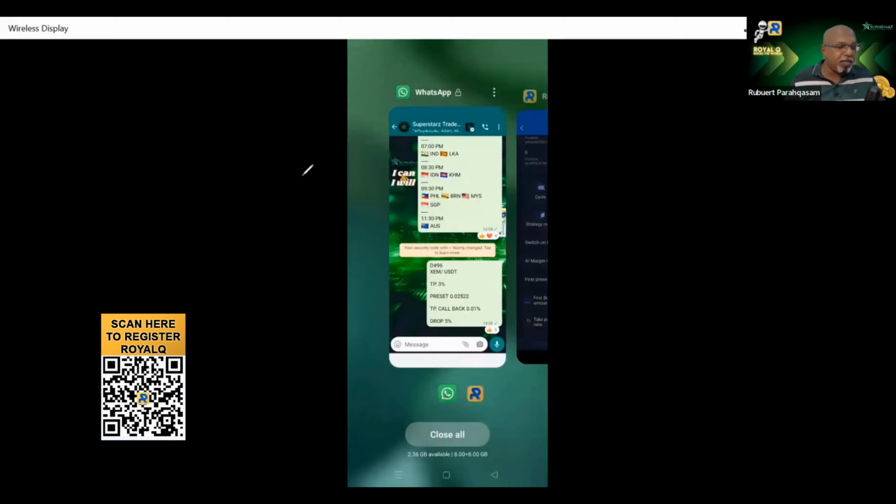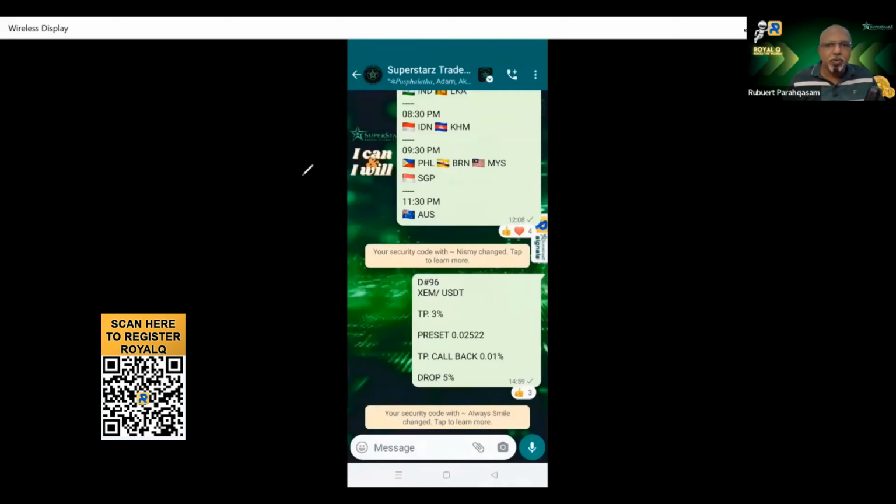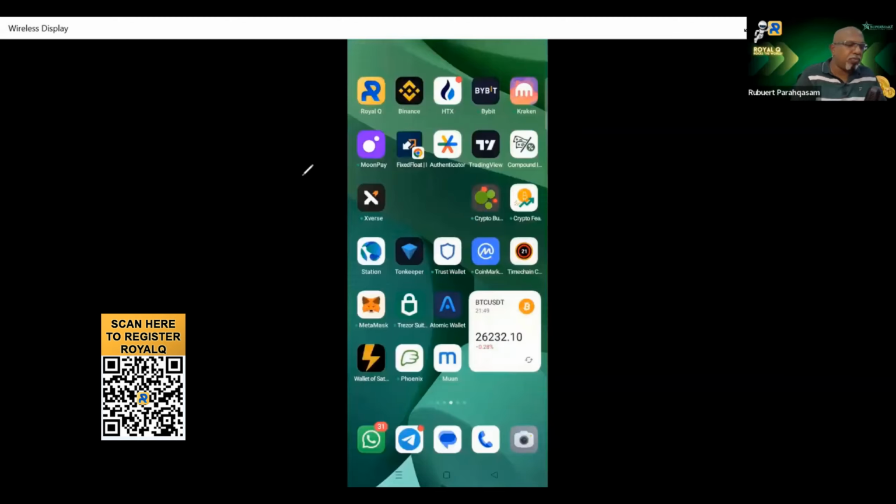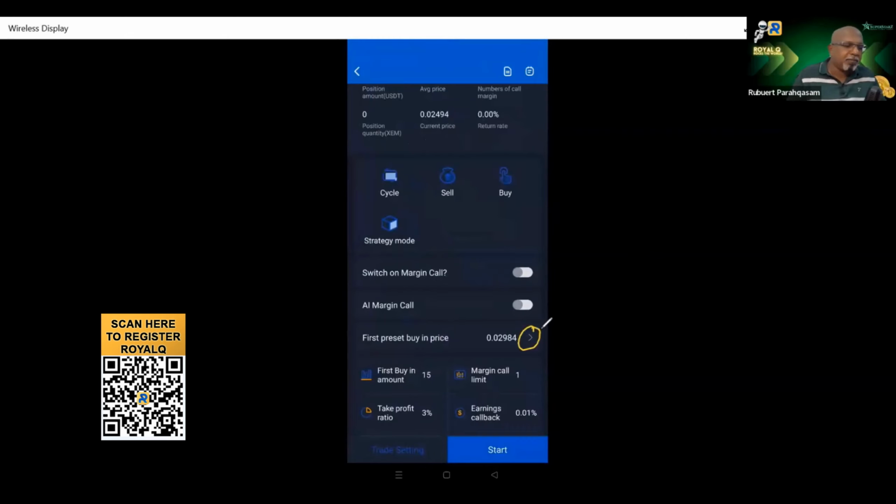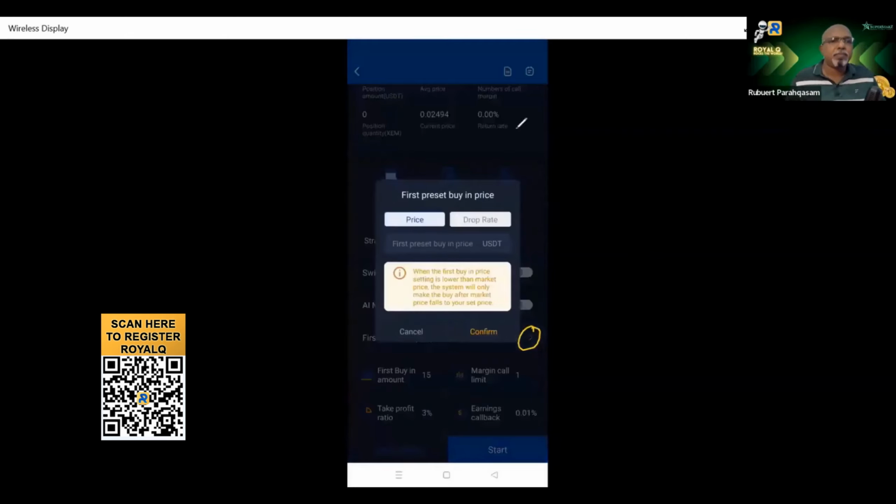What is the preset value, guys? 0.02522. Can you guys see that? Yes. All right, 0.02522. So what I do, I tap here. Now, there are two choices here, drop rate and price.